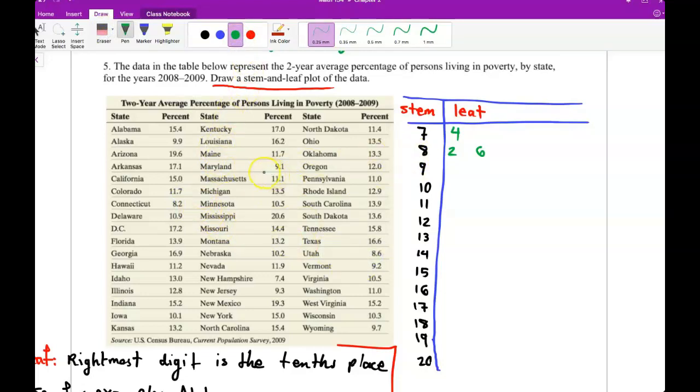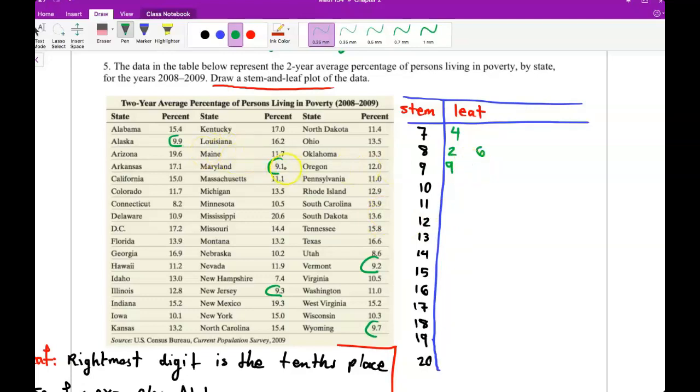Now we have 9. 9.1, 9.3, 9.2, and 9.7. So here we have 5. We'll continue this way, finding all these numbers and writing them here.